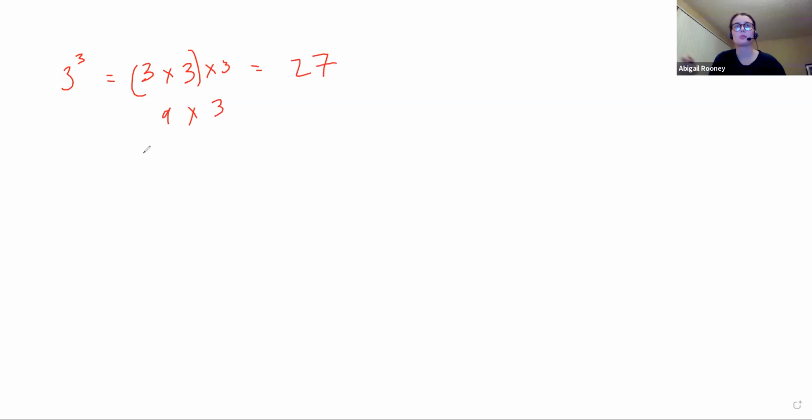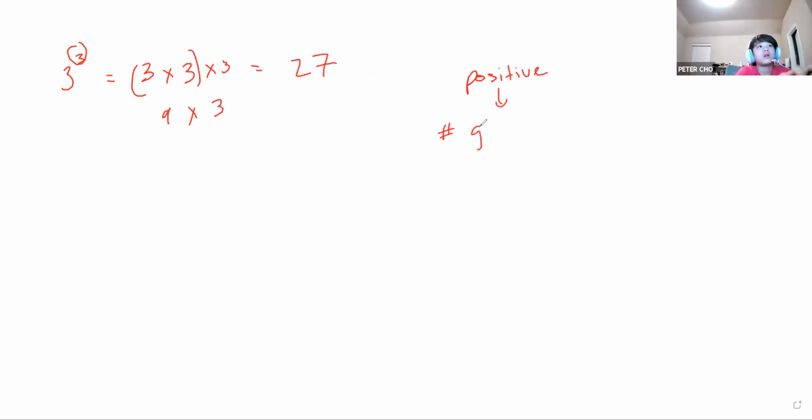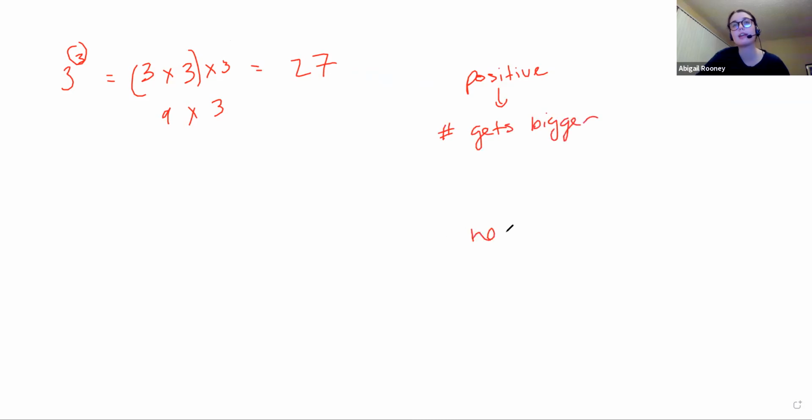So 3 to the third is 27. So when we have a positive exponent, does it get big or does it get small? It goes from like 3 to 27. Does it get bigger or smaller? Bigger. Okay. Number gets bigger. So when we have a negative, we want our number to get smaller. And so I'm going to give you an example of that.